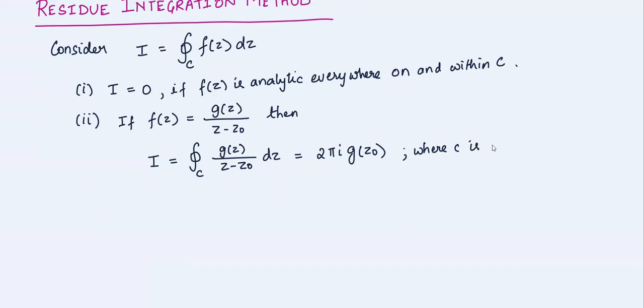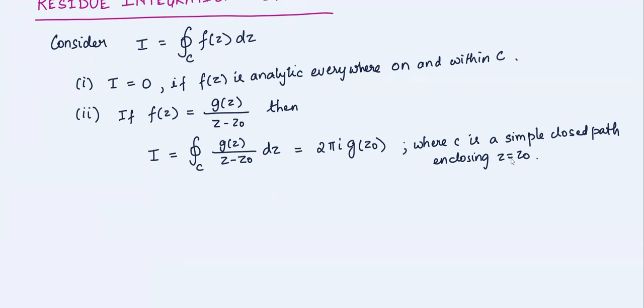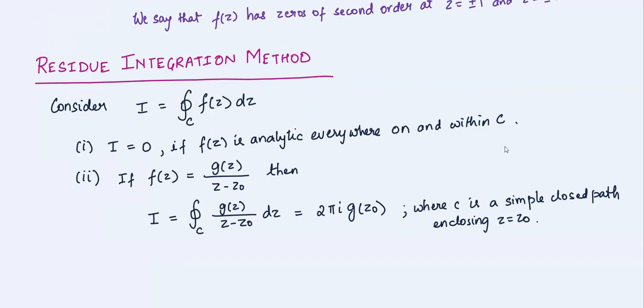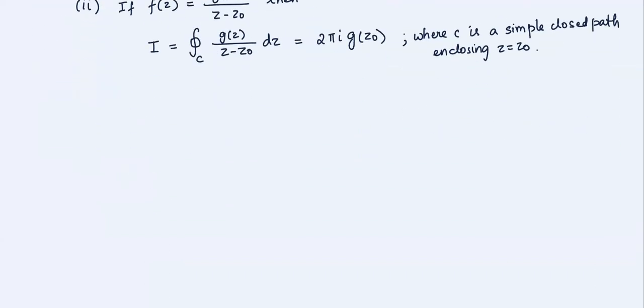Here C is a simple closed path enclosing z equal to z naught. Now, what the residue integral does, we'll discuss that now.